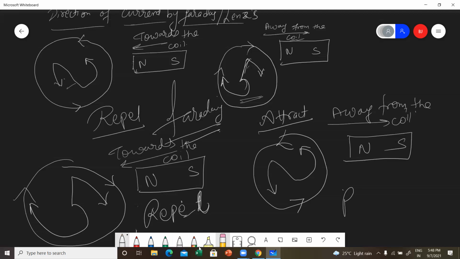Here repel will be there, but the direction of current will be opposite. And there attract will be there, but the direction of current is opposite. Because of that reason, less current will be produced. So this is given by my Lenz's law.